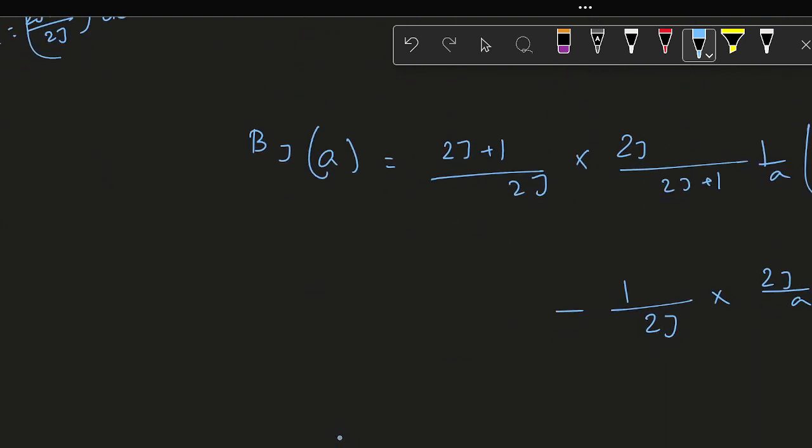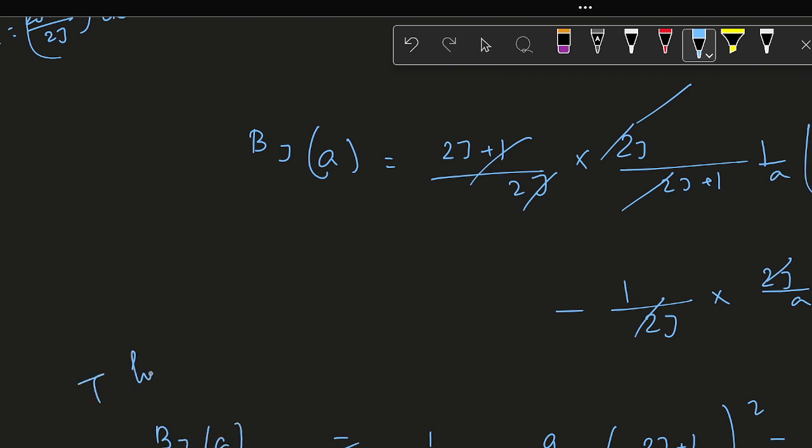By cancelling out a few terms, you get 1 by a plus a by 3 times ((2j plus 1) by 2j) whole squared, minus 1 by a times 1 plus a squared by 12j squared. This is your total Brillouin function under the condition that temperature is high and therefore a is going to 0.